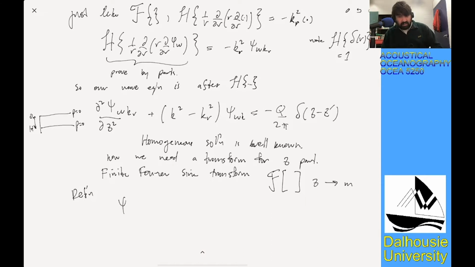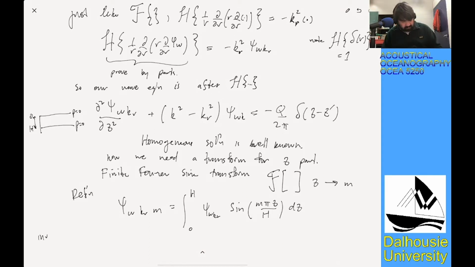So now we're going to have the triply transformed field, psi omega kr m. We're going to integrate from 0 to h, this finite limit, of psi omega kr times the function sine of m pi z over h, dz.